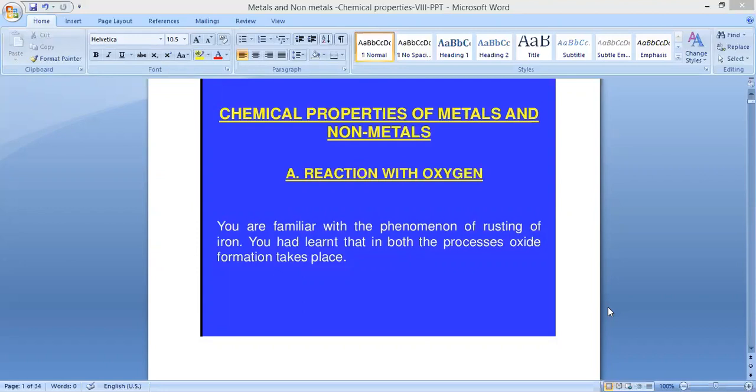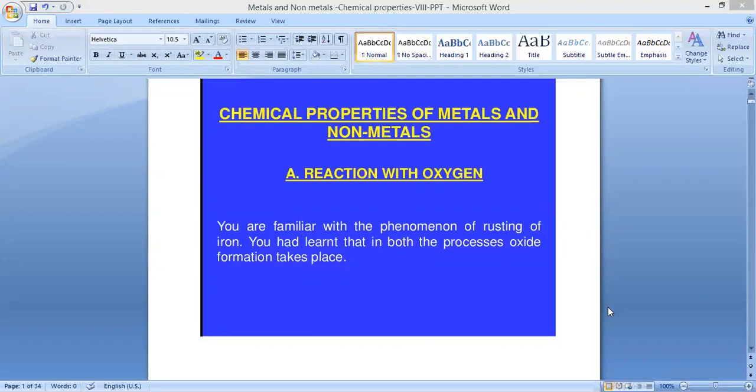You are familiar with the phenomenon of rusting of iron. You have learned that in both processes, oxide formation takes place. Rusting is a very common term for you. Take one example, your window. Usually it's made of iron, and we can see that it is painted. Suppose in one part the paint is gone.